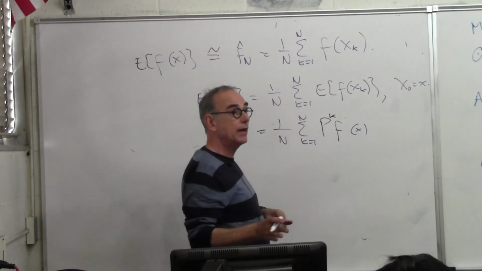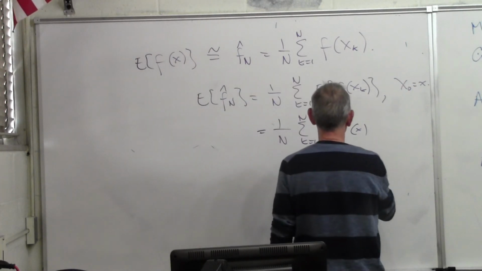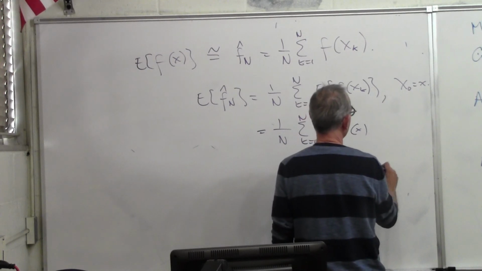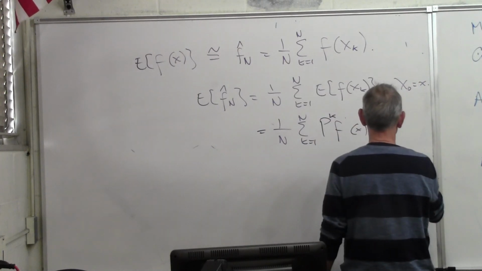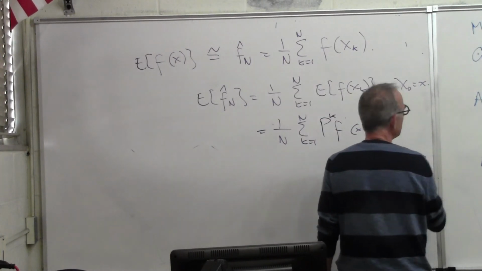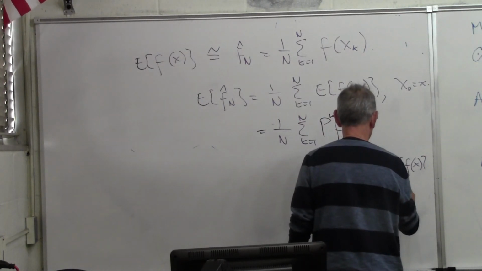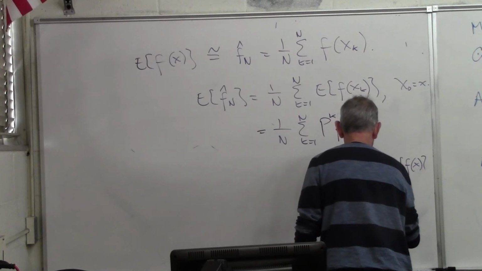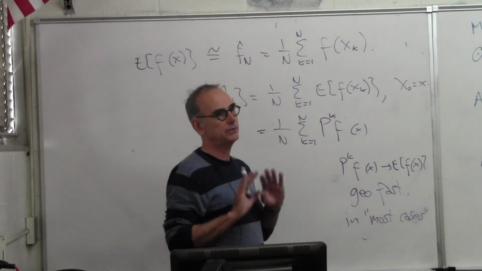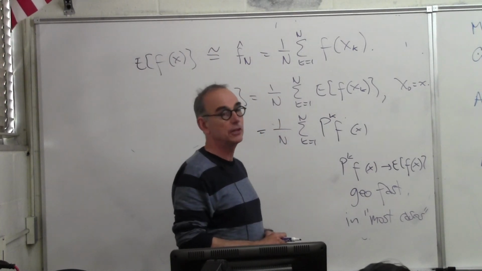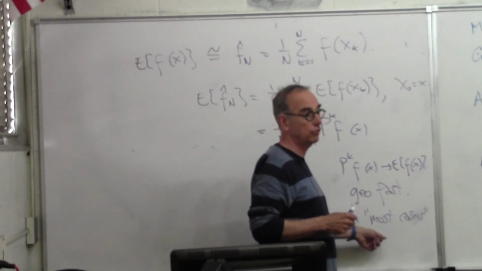So we do have bias, because this is going to converge to the steady state mean. We do know that under the conditions we always have, this will converge to pi of f, the expectation of f of X, and typically geometrically fast. I can promise you that, even in the density case. The Langevin diffusion is the easiest to prove really mild conditions under which this converges geometrically fast.